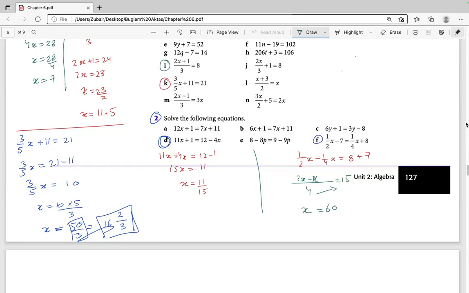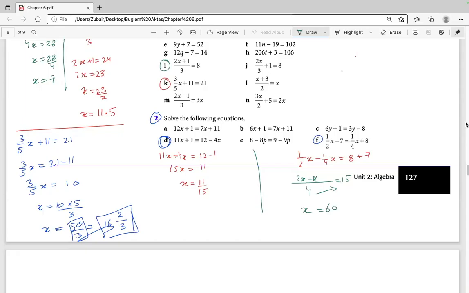Oh, for F I got 7.5. I got something wrong. Well, let's see. 1 by 2x was already there when we brought 1 by 4 on the left hand side and sign changes to negative. Then took 7 on the other side, sign changes to positive. 8 plus 7 is 15 for sure.